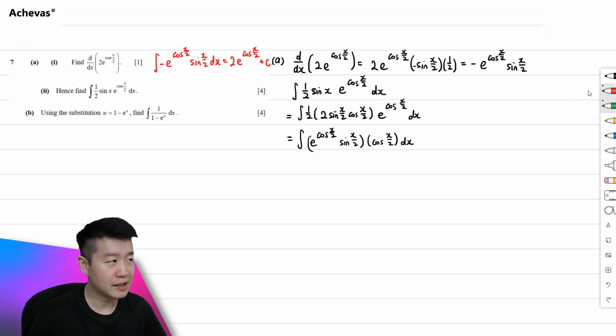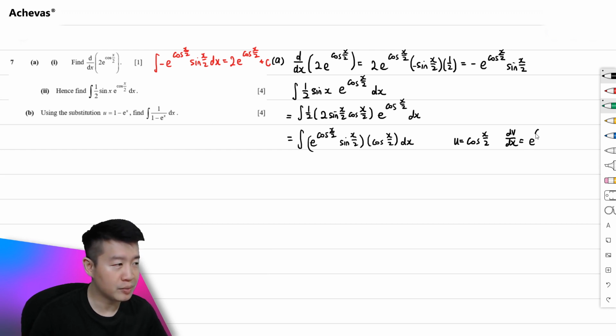So I'm going to try to apply it here, but applying it for integration by parts. So I'm going to go for u as cosine x over 2, and dv dx, which I'm going to be integrating, I'm going to go for e to the power of cosine x over 2 sine x over 2.